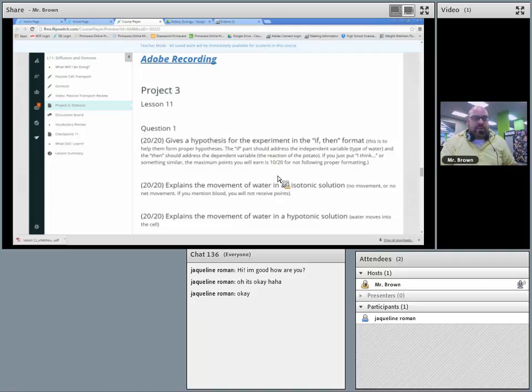Isotonic solution is the just right. There is an equal amount of water and solutes, or stuff, inside and outside the cell. Water and solutes still flow back and forth, but there's no change in the cell itself.